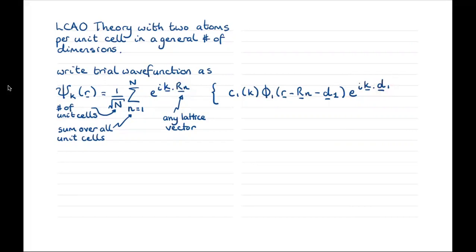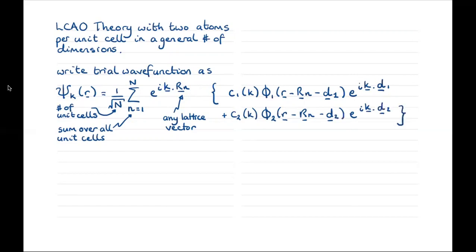Then we have a second atom, which will give coefficient C2 of k, and we'll describe it by wave function phi 2, a function of r. It's also in the nth unit cell, and it's at some position d2 within that unit cell. So it gets an extra phase factor, e to the ik dot d2.